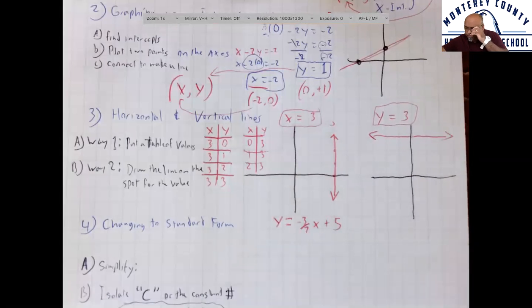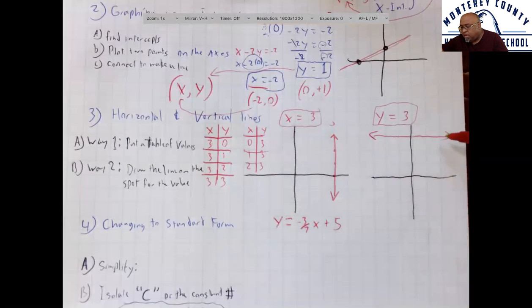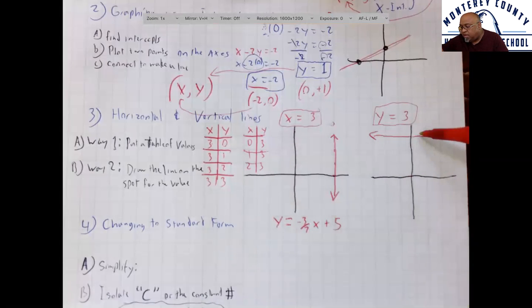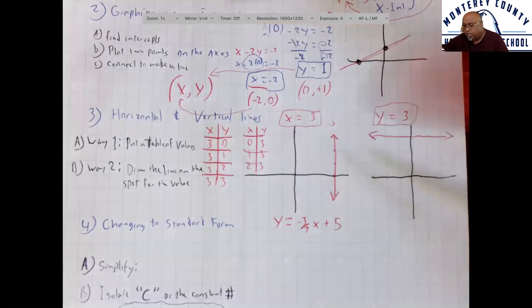Okay? So again, if you feel a little more comfortable, make the table of values just so that you know. But if the y value is constant, then the line is going to be horizontal. And the same is true if the x value is constant, then the line is going to be vertical.